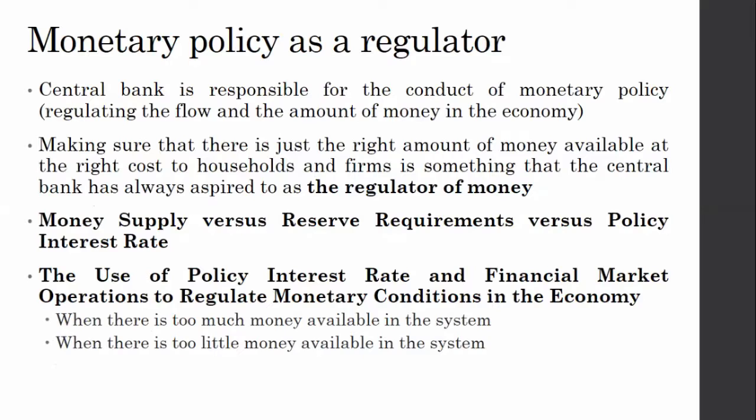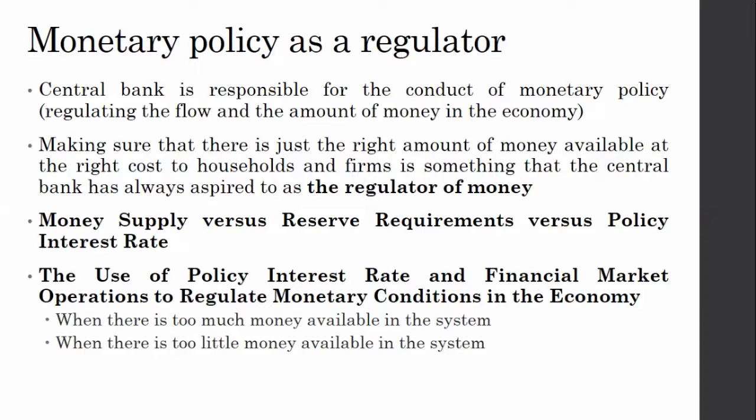Not only money issuance: after the money issuance, since it has a major impact on economic activities, the central bank has to control the flow and the amount of money in the economy, right? That is the conduct of monetary policy, or the regulator of the money. That is the second task or second function, monetary policy as a regulator.